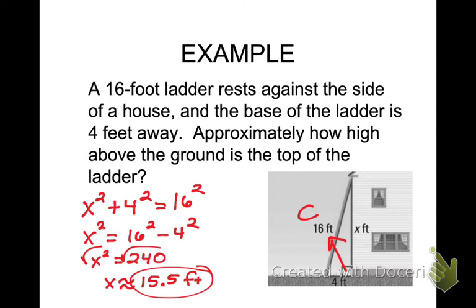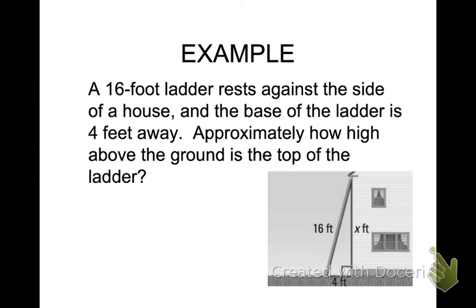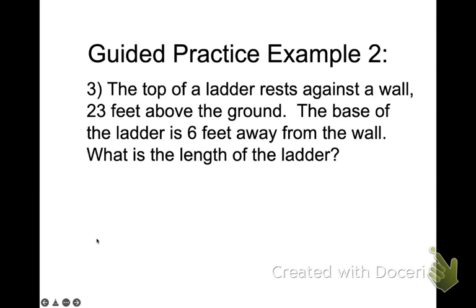Okay? All right, so let's see if you can set up the one without the diagram. It says the top of a ladder rests against a wall 23 feet above the ground. All right, so make your house. There's my house. Where's your house? Make your house on there. Draw your ladder resting against it. There's my ladder.